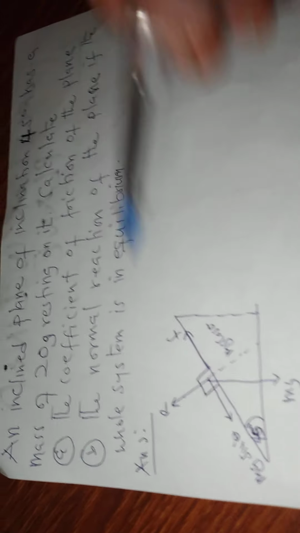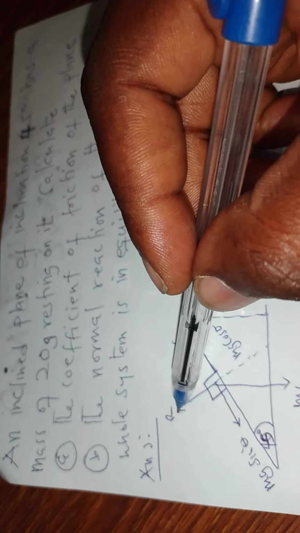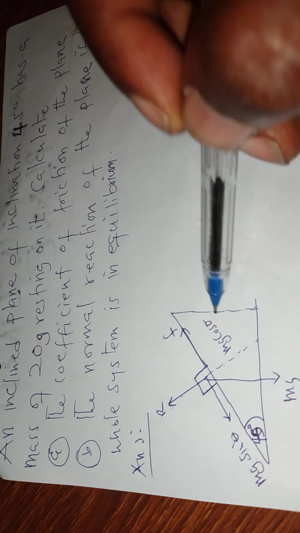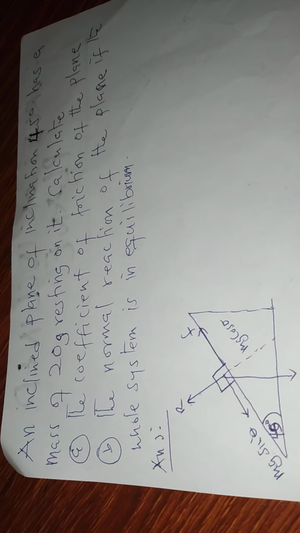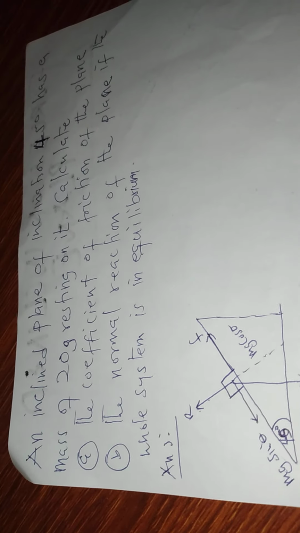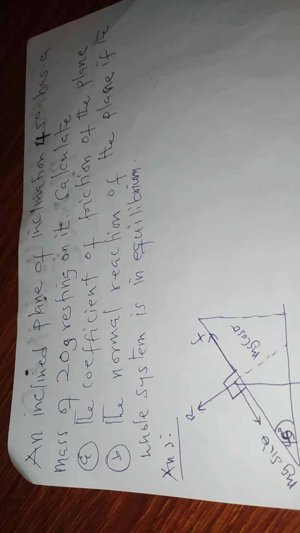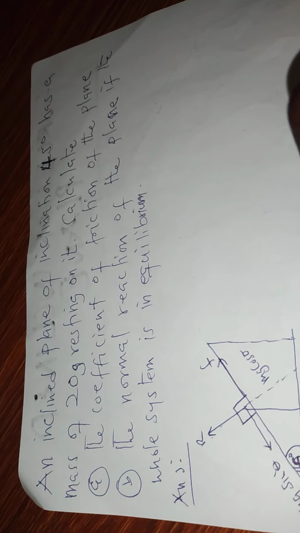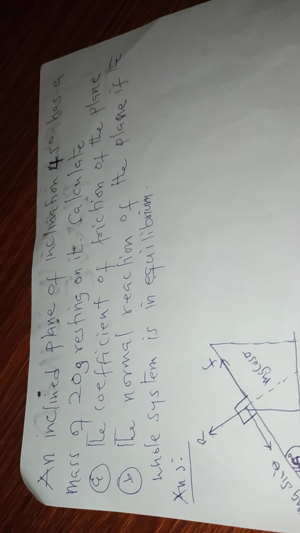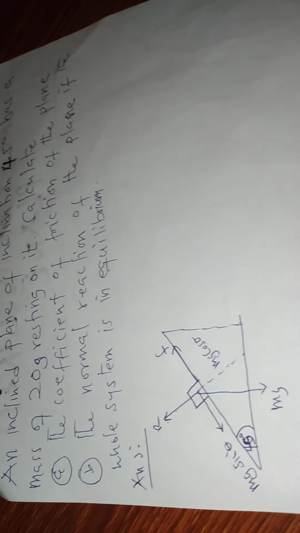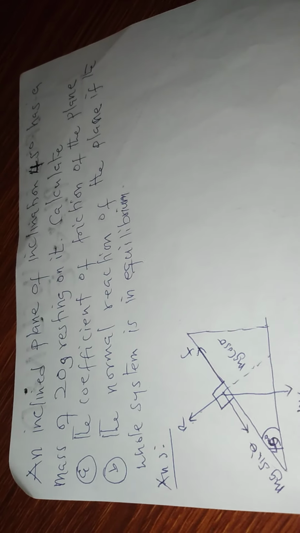So we have our diagram here. There is friction, there is a normal R, there is mg cos theta, there is mg sin theta. But we have already known from the other equations that our mu is F over R, which is equal to mg sin theta all over mg cos theta.